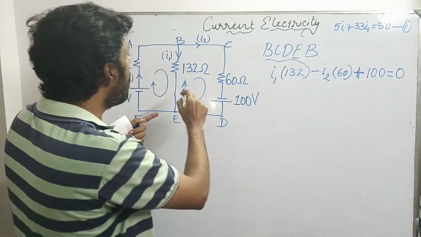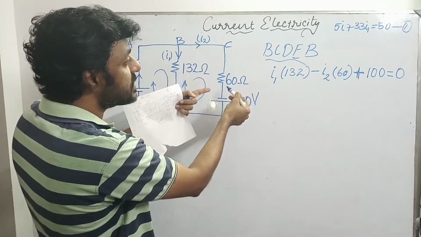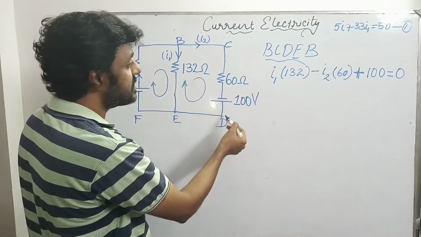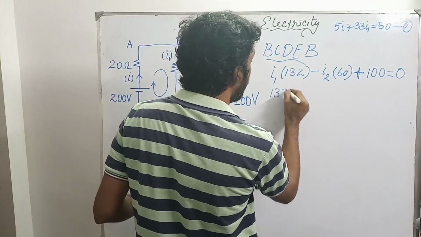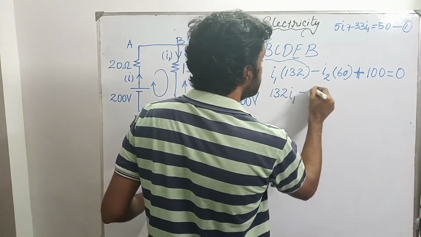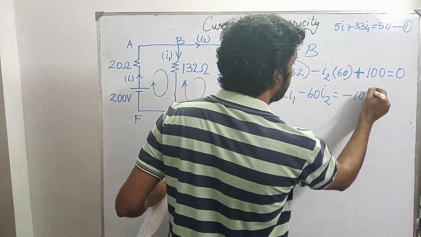So 132 I1 minus I2 into 60 plus 100 is equal to 0. That will be 132 I1 minus 60 I2 equal to minus 100.